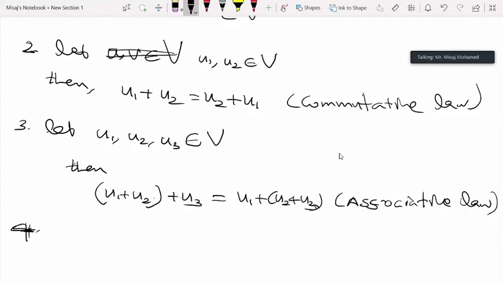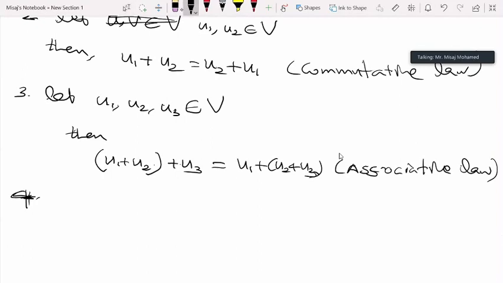Right. So the fourth condition, we say that additive identity.